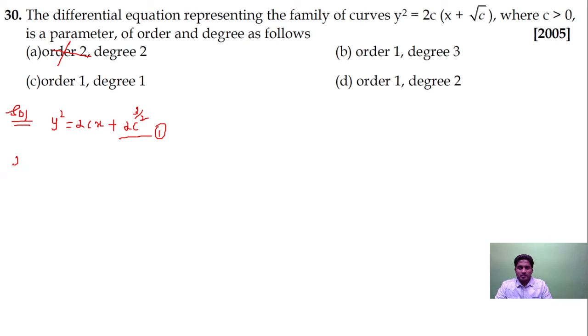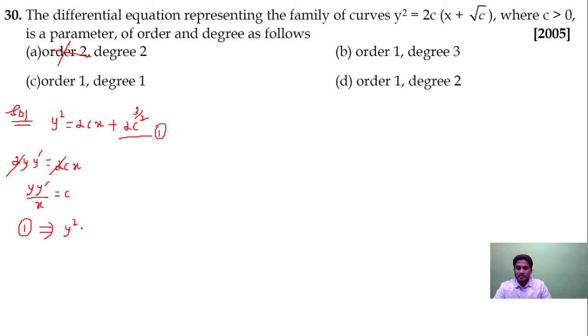If I differentiate once, you get 2y into y dash is equal to 2c. This will cancel, and from this I can write y into y dash divided by x is equal to c. Okay, substitute in equation 1.